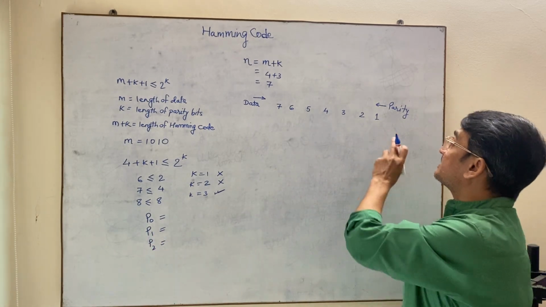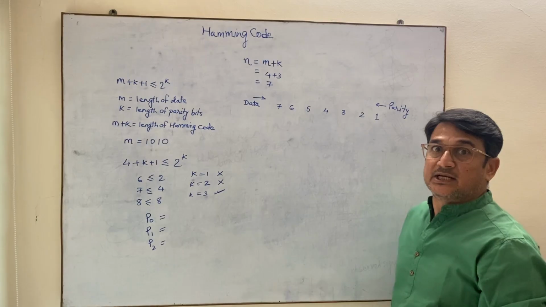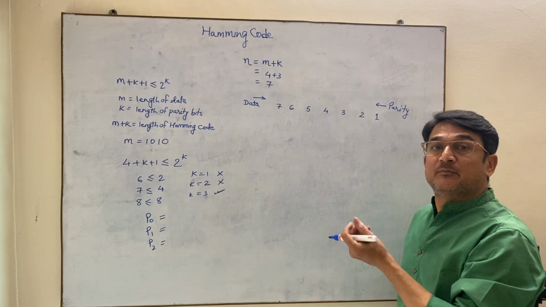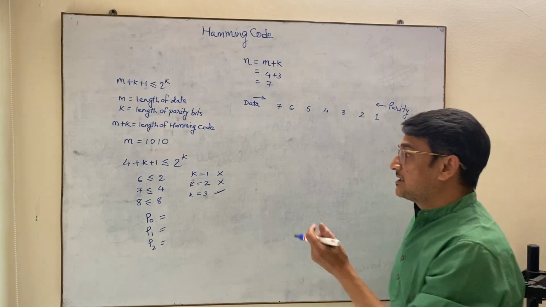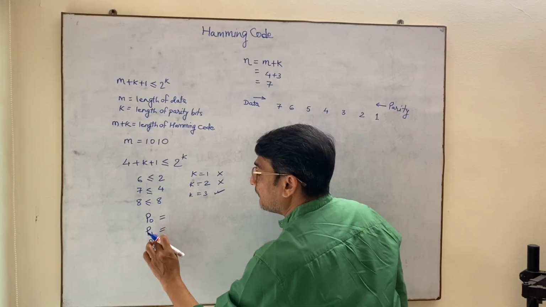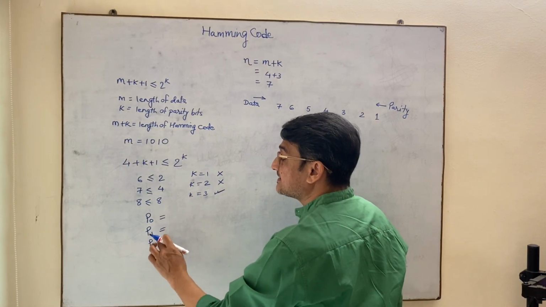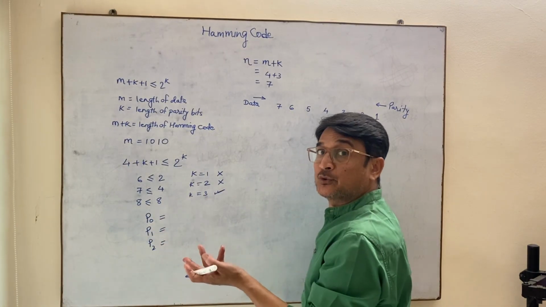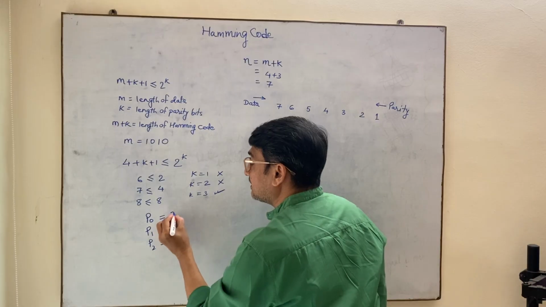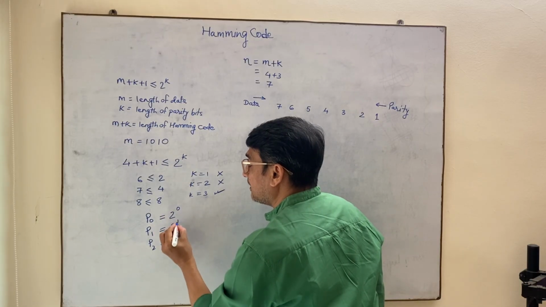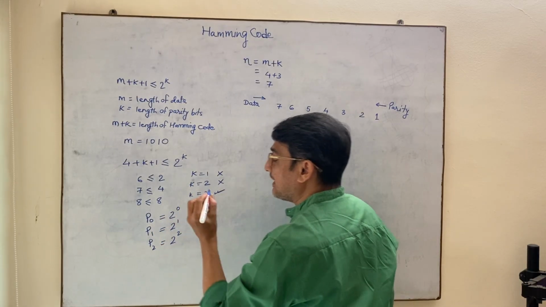Now what is the position of the parity bits? Where do these parity bits need to be placed? Why have I kept the suffix as 0, 1, 2 instead of 1, 2, 3? Because these will be powers of 2.